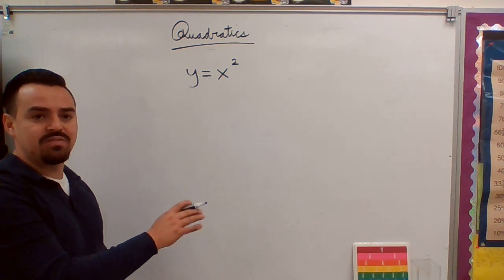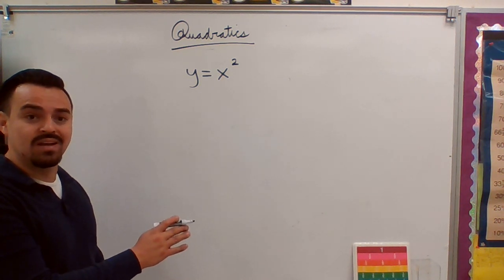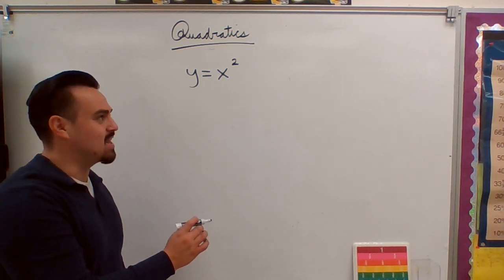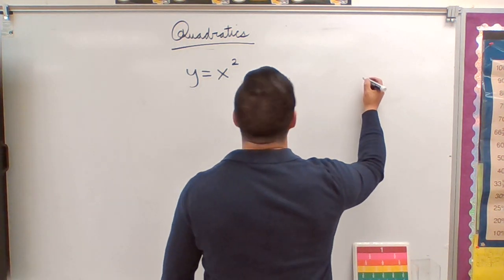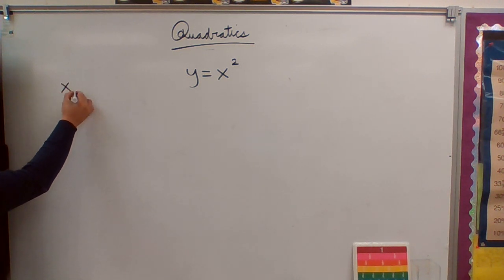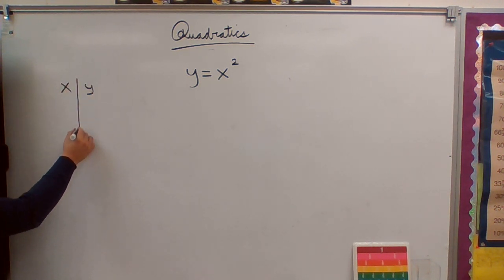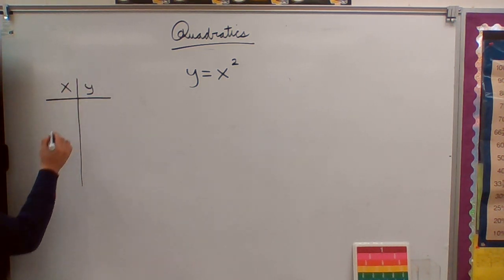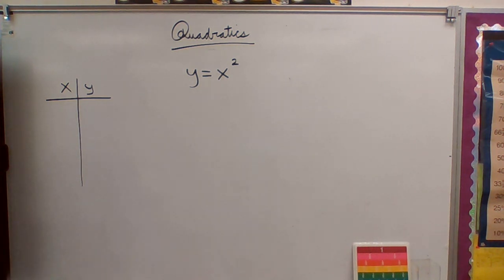Well, before we graph it visually, let's use our table method to understand what it looks like. We're going to have to use positives and negatives. I'm just going to give you the values this time around. You're welcome to guess.